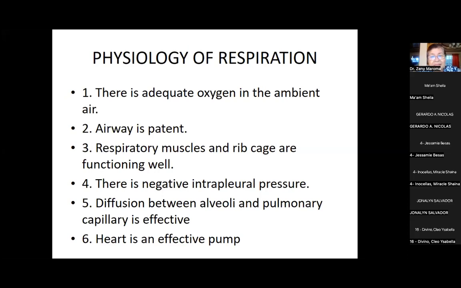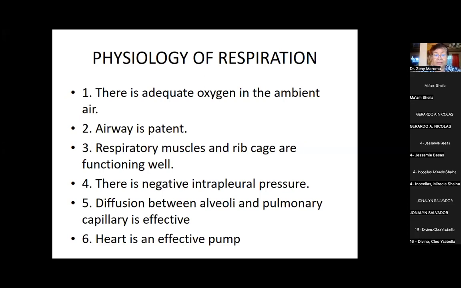Fifth, diffusion between alveoli and pulmonary capillary bed is effective. So gas exchange occurs between alveoli and the pulmonary capillary bed. And for gas exchange to happen, there must be a matched ventilation perfusion ratio. Okay.